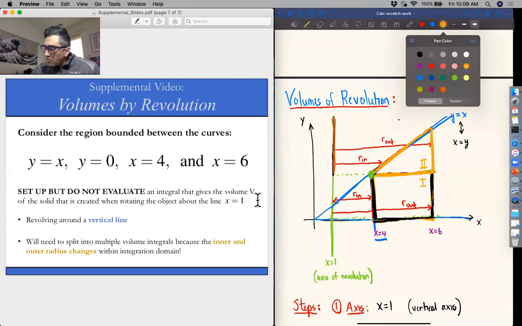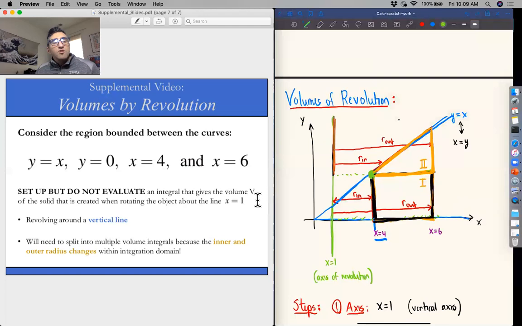Remember, we're integrating with respect to y, so we're looking at which is the lowest y value and which is the highest y value in that particular region. I would say down here is the lower bound for region 2, while the upper bound would be the y value of the point up here. So we need to figure out what these points are.